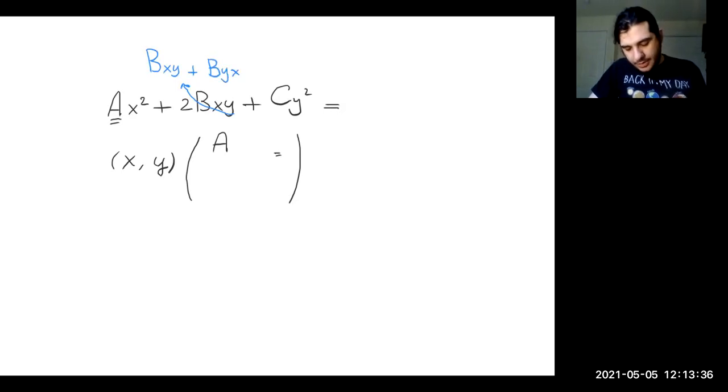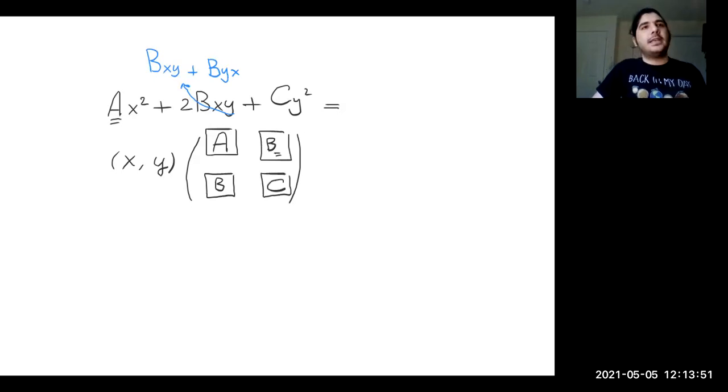So let's say this is the place for xx. This is the place for xy, which is b. This is the place for yx, which is b. This is the place for yy, which is c. I complete this matrix in that form. Suppose I'm just constructing a matrix like that, and then multiply it by xy.